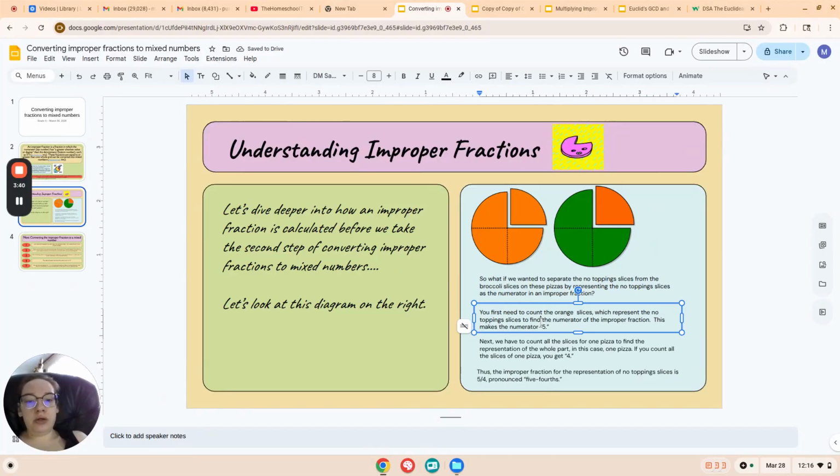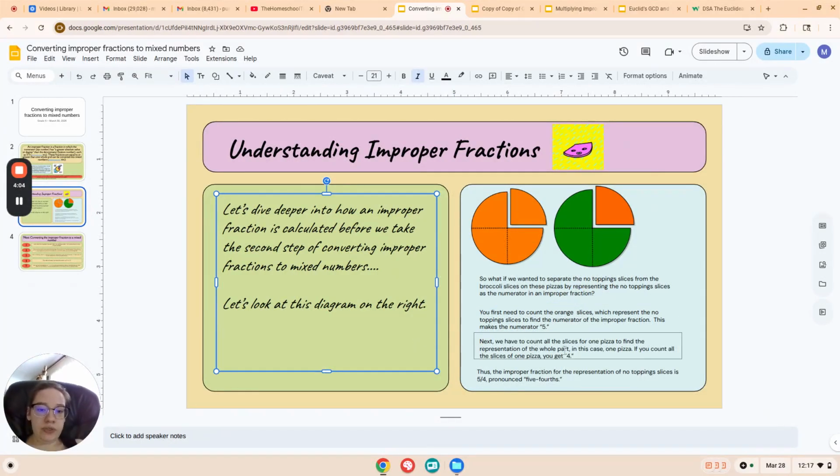In the second paragraph, you first need to count the orange slices, which represent the no topping slices, to find the numerator of the improper fraction. Let's count 1, 2, 3, 4, 5. There are 5 no topping slices. Thus, the numerator is going to be 5.